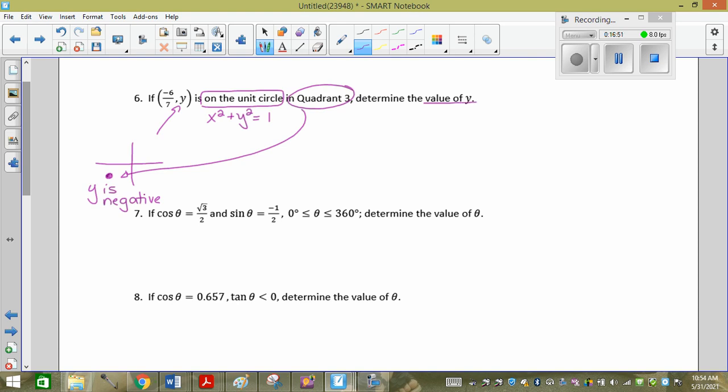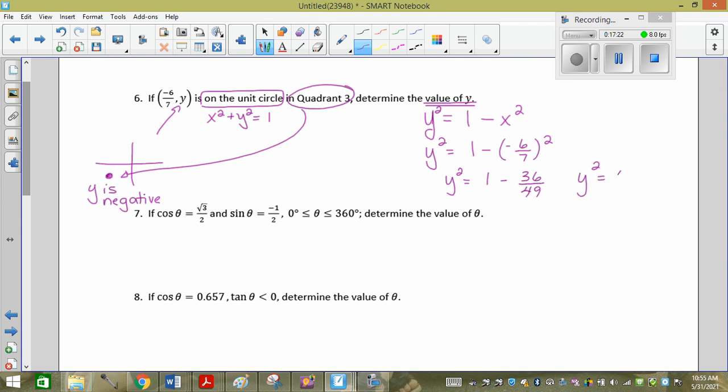And if we're looking for the value of y, we can just rearrange it by subtracting the x squared over. So I can go y squared equals 1 minus x squared, and then plug it in. So I get y squared equals 1 minus negative 6 over 7 squared. Y squared equals 1 minus 36 over 49.